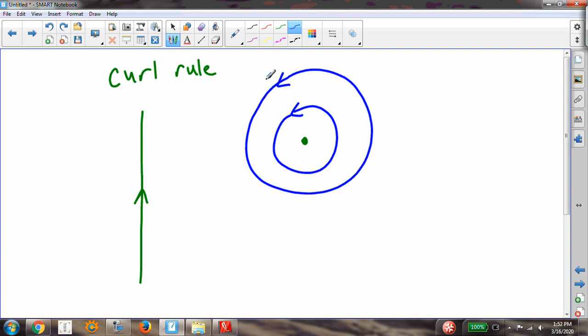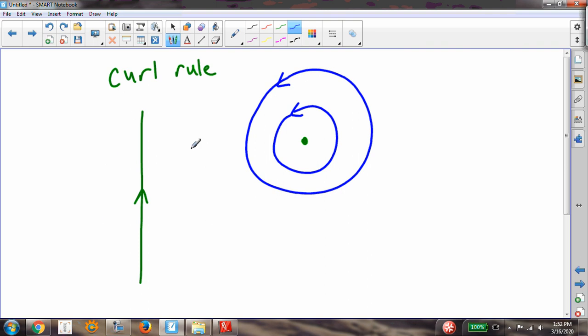It'll get weaker as you get further away from it, and we'll talk about that later. But the magnetic field goes around the wire in a circular pattern. One of those clips, I think it was the Veritasium clip that I had for you, showed this, where the relativity about where that actually comes from. But the magnetic field will go around this wire in a counterclockwise fashion.